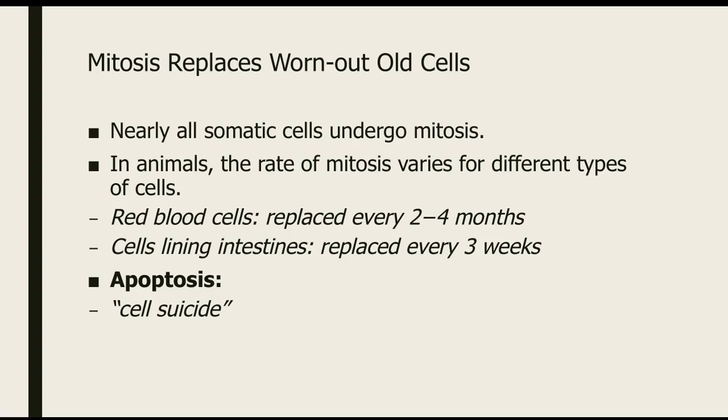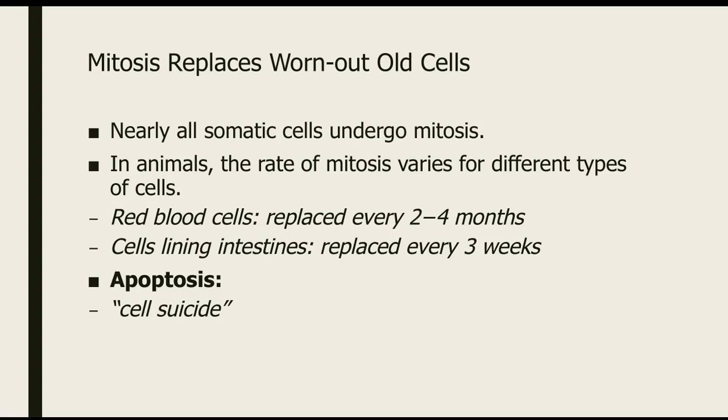And now your fingers don't have webbing, maybe just a tiny little bit at the base of your fingers. But when you were a fetus, that webbing went almost all the way up to the tips of your fingers. So we say that the cells that made up the webs went through apoptosis, or cell suicide, in order for you to not have that webbing. Let's face it, webbing might be cool, but as land animals, we really don't need that.